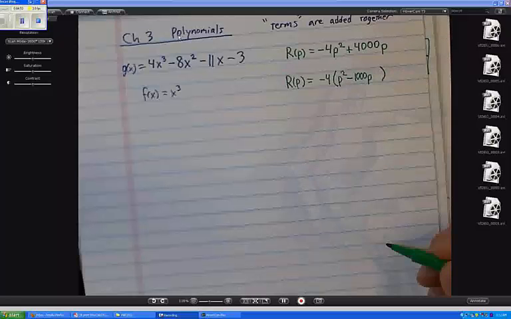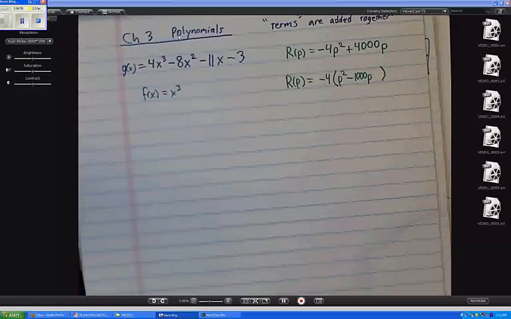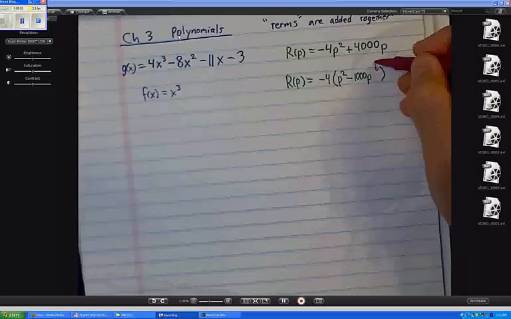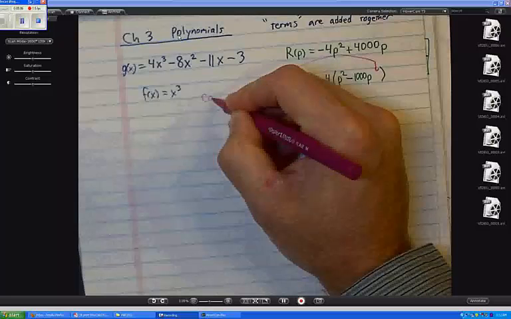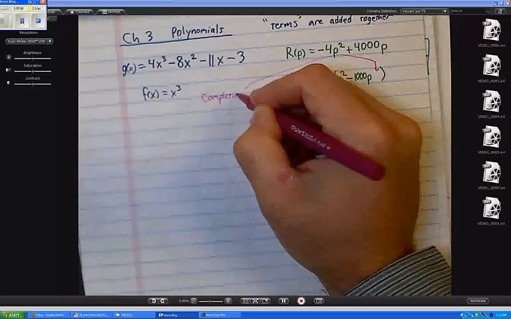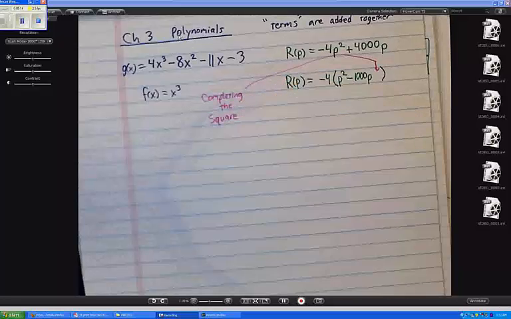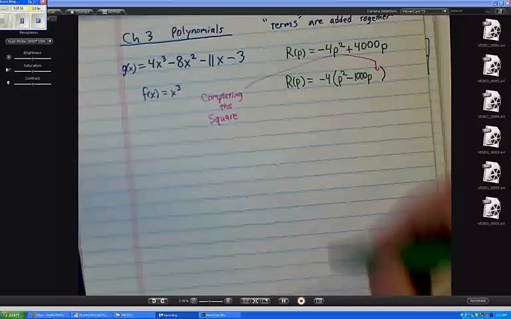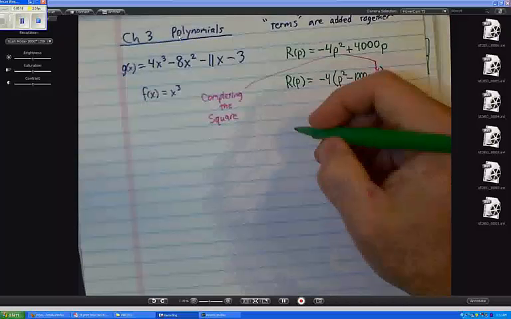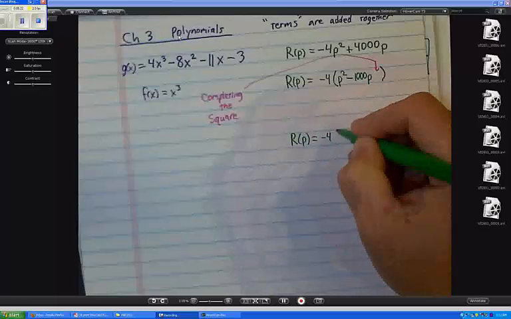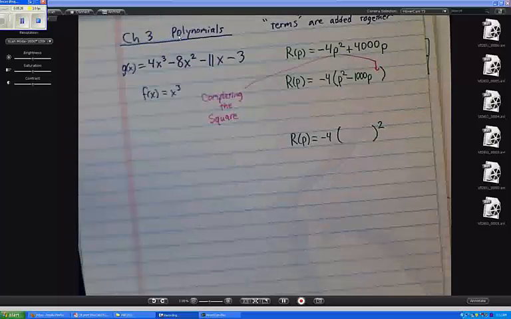You guys with me so far? Now I need to figure out what goes there, because I need to do what's called completing the square. The idea is that I hope I'll be able to write r of p equals negative 4 times something squared, like that, times what kind of polynomial?